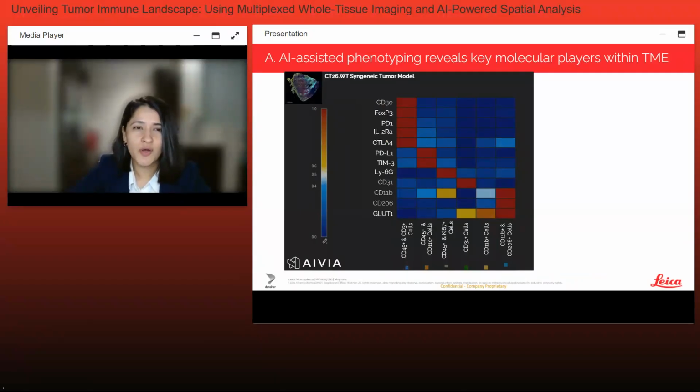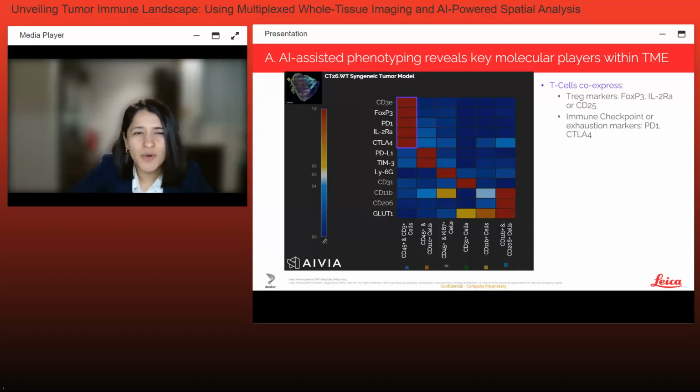Using this workflow on AVIA, we then performed phenotyping for a set of cell types of interest. The clustering dendrogram from colon carcinoma tissue that's shown here reveals multiple immunosuppressive cell types within the whole tissue. More importantly, some key insights demonstrated in this clustering heat map show the co-expression of functional markers that may contribute to tumor immune resistance.